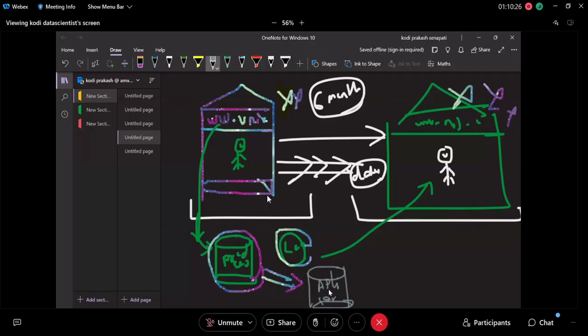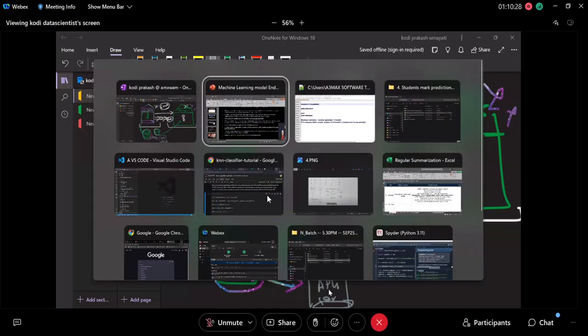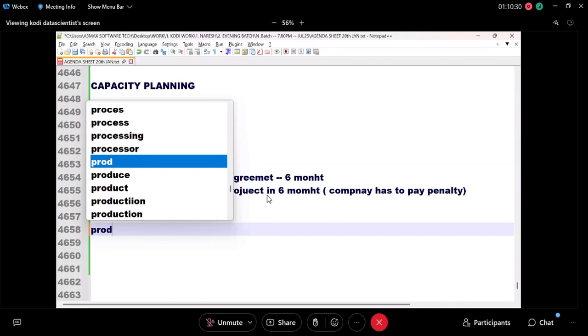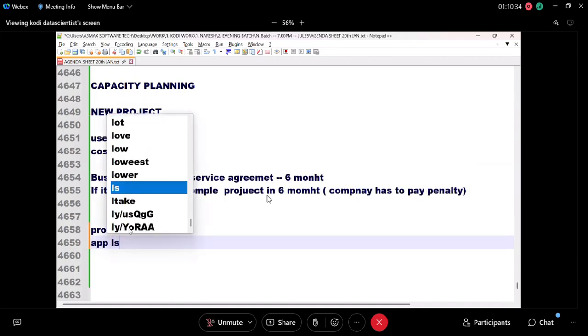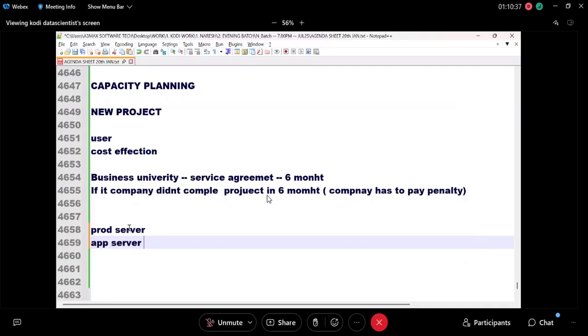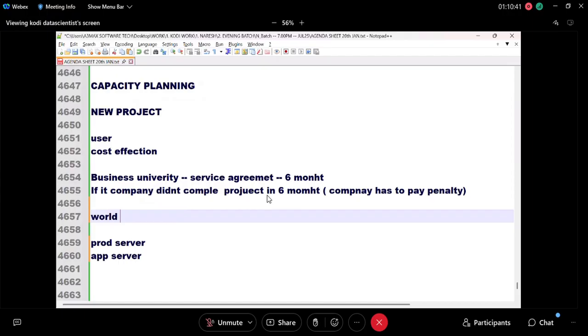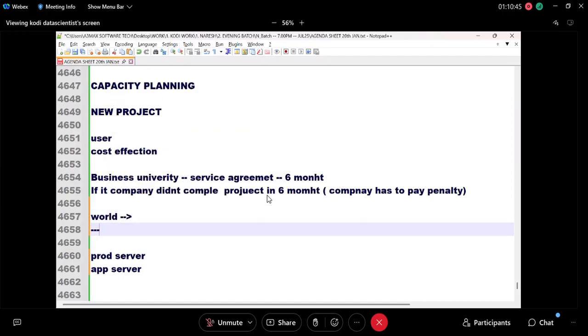So today you got clarity, which is very important. What is meant by prod server? What is meant by app server? Every company in the world has two servers: the prod server and the app server.